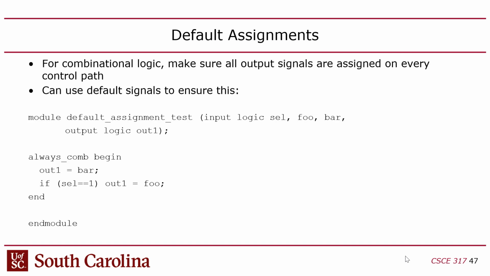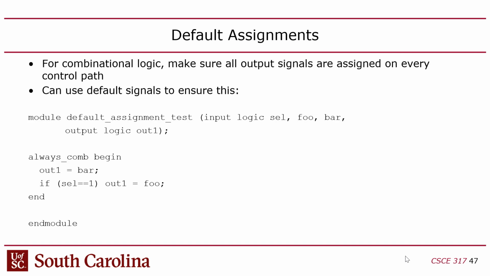So what's different about this? Well, I don't have an else here. I just say if select equals 1, then out1 equals foo. The problem is that if you do this, and let's say that was the only line of code you had, you don't have anything for this always to assign to out1 if select is 0. So normally if you do that, how does the synthesizer treat that?